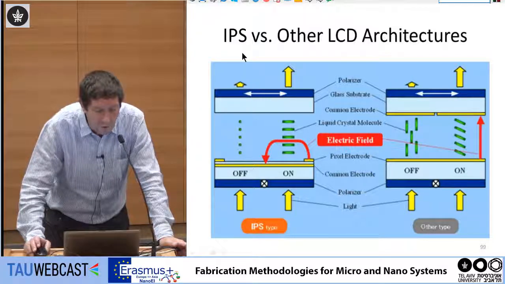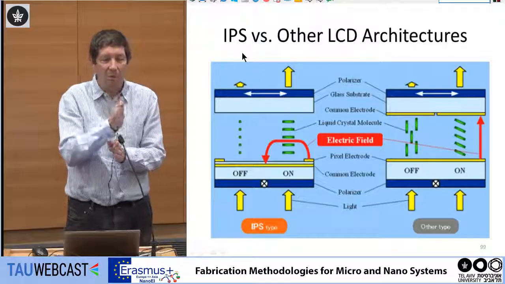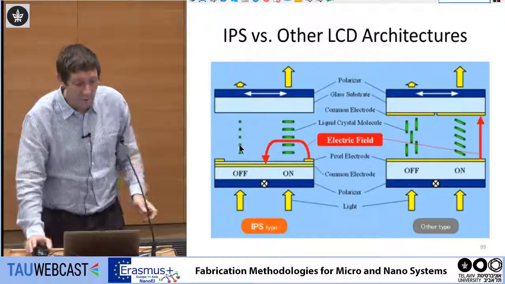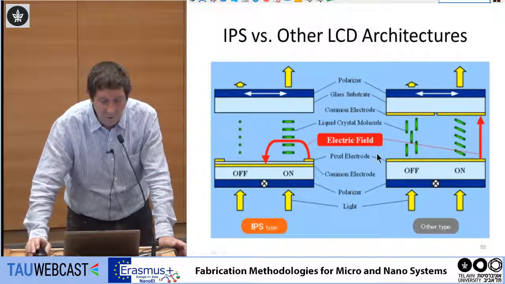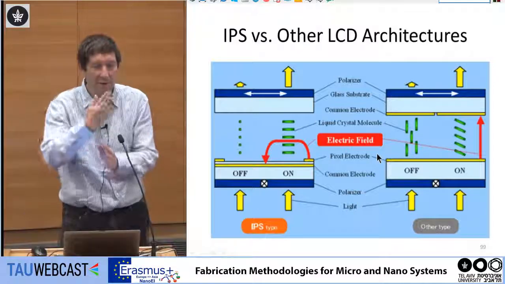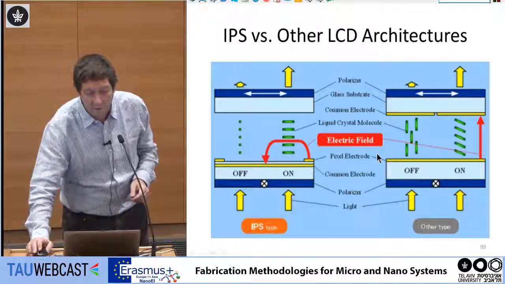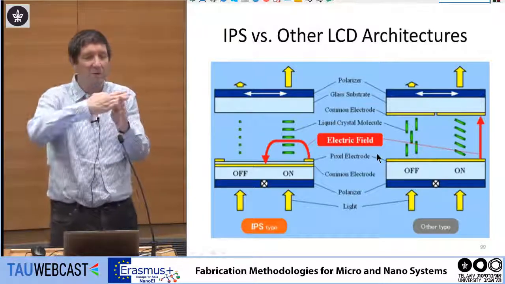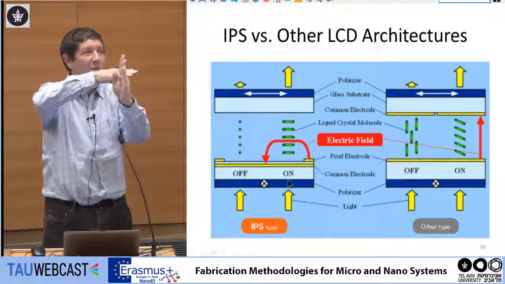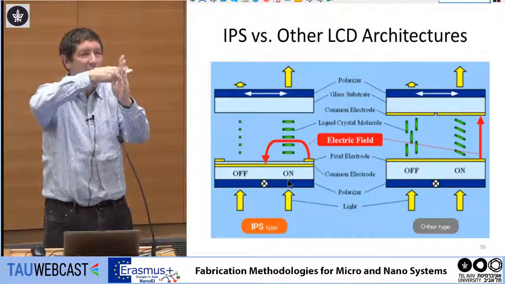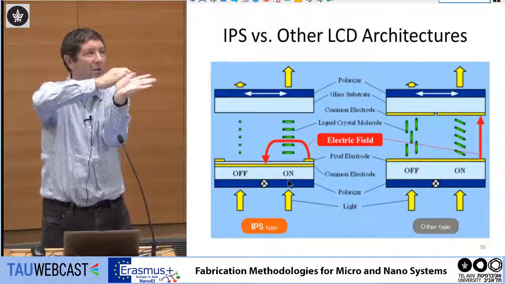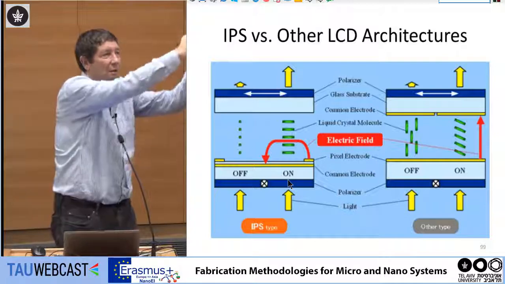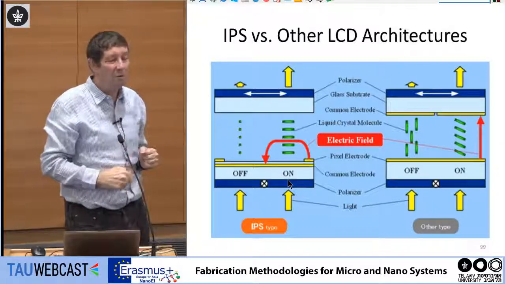So either the polarization is in the wrong direction, when no light is going, or when you apply electric field, the polarization rotates by 90 degrees, and there is light through this pixel. If the polarization of the material is perpendicular, no light goes, but if the polarization is in the right direction, the light can go through.